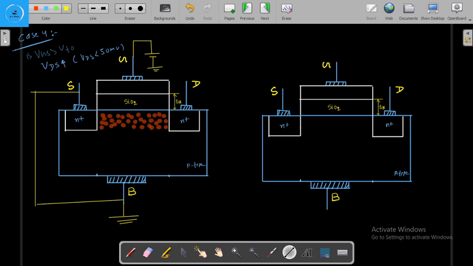And I am applying a very small drain to source voltage VDS here, and increasing this VDS by a small amount. Let me connect this to the source for better clarification.